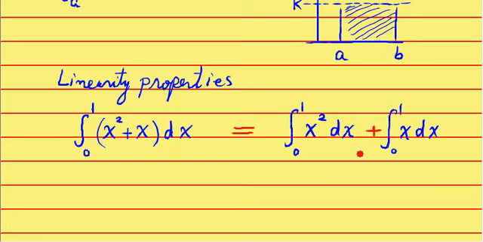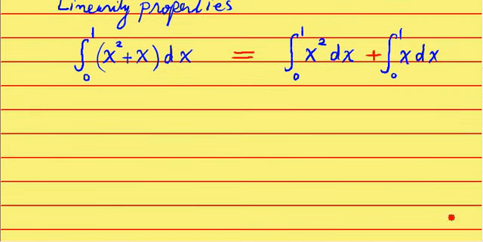Let's go ahead and understand what this really means. Here, what you have in mind is to calculate the area under a function which is a sum of two functions. So the sum of these two functions might look something like this.